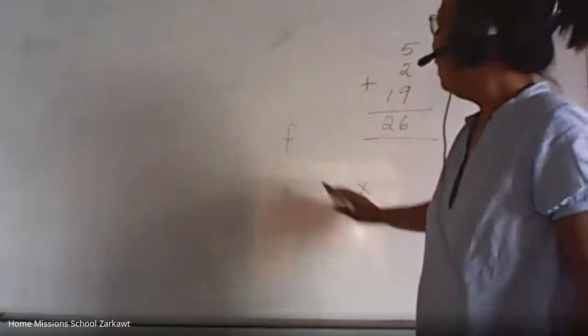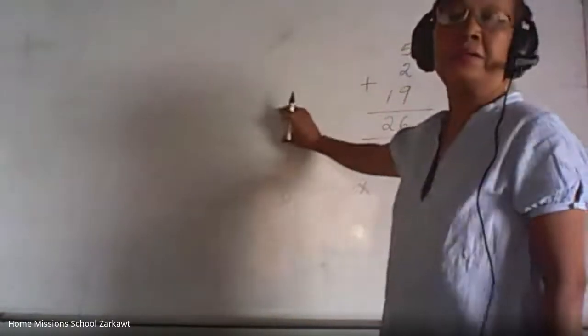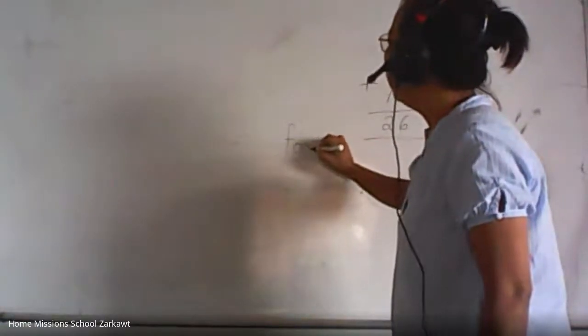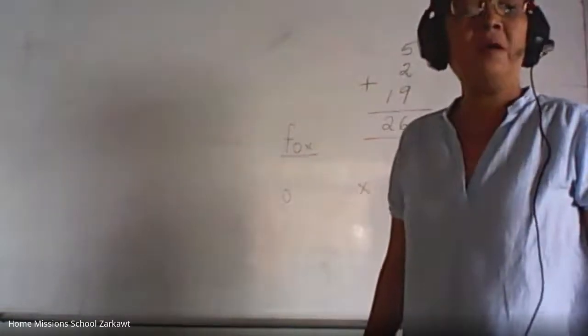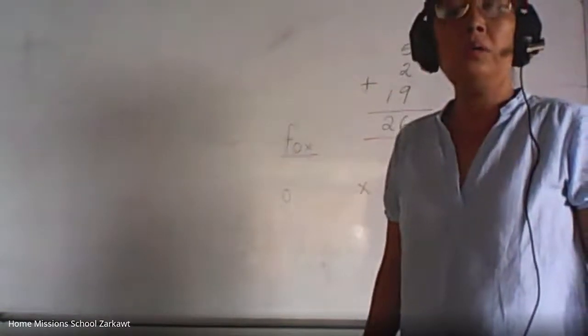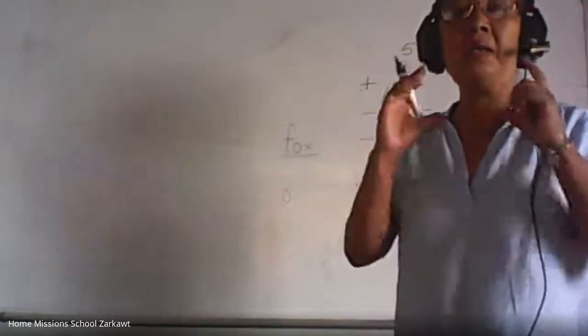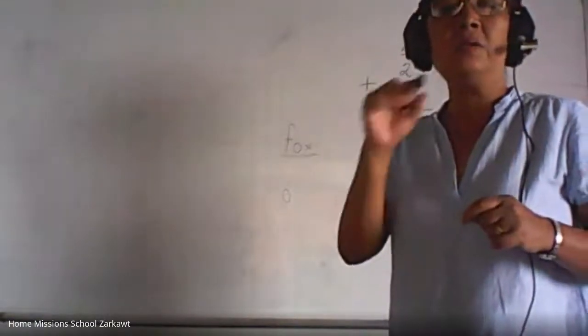Only F, O, X. But when these 3 letters, when we put them together, it becomes fox. F, O, X, so it has a sound, isn't it? So F, O, X, fox.